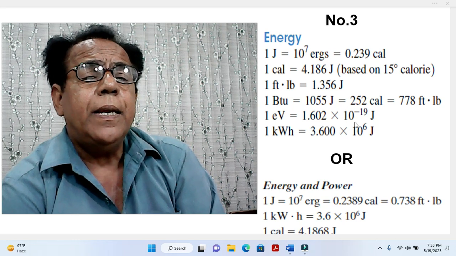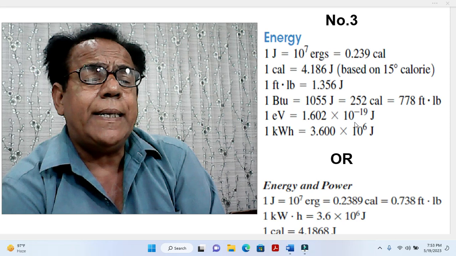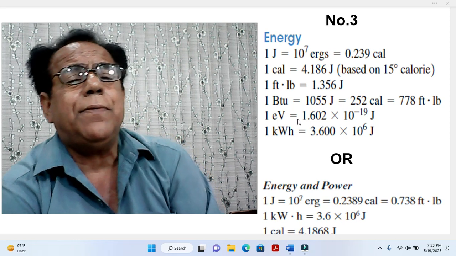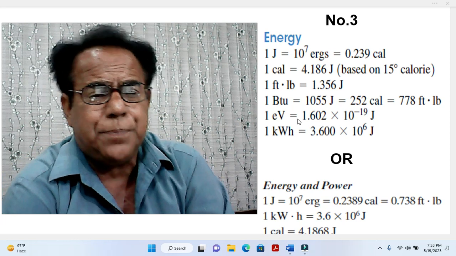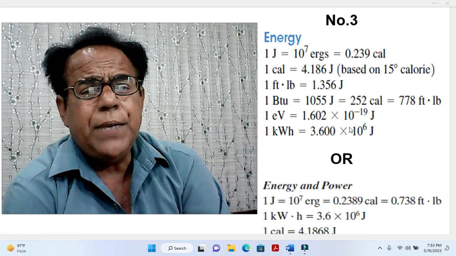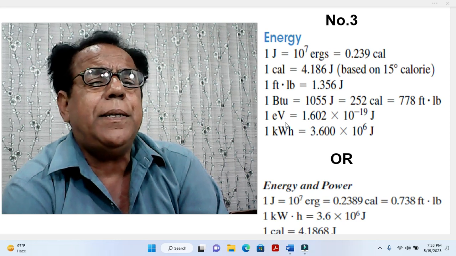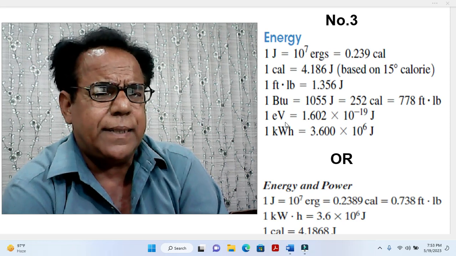If we write 10 to power 19 in the numerator, then it will be written as a plus. If we write this 10 to power minus 19 in the denominator, then it will be minus 19.